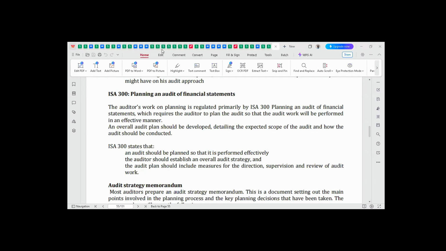I am looking at this planning of an audit of financial statements, sir. This ISA 300 gave us three things that we should put in place. The last one mentioned is that the audit plan should include measures for the direction, supervision, and review of audit work.